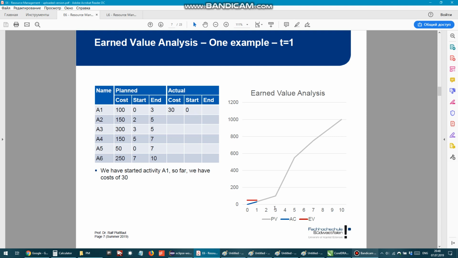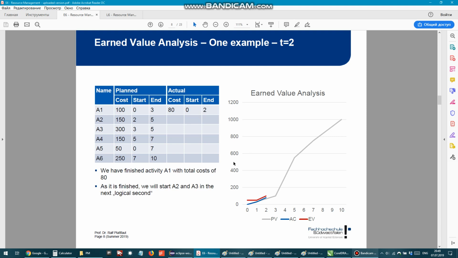So we pay attention in this case only to the red line, and we will try to understand how EV is built. On the first day, the A1 task already started at day 0 and must end by day 3. That's how we plan. That's why on day 1, we have 50% of what we planned.